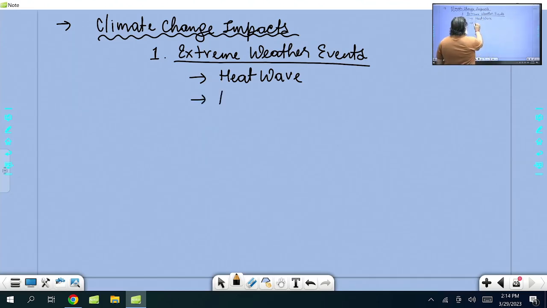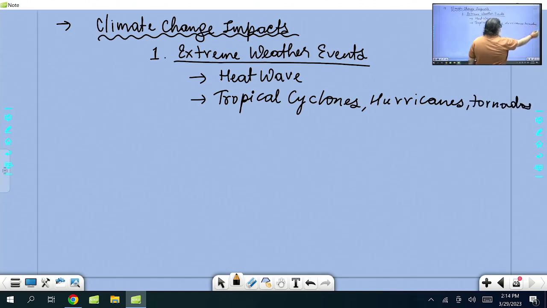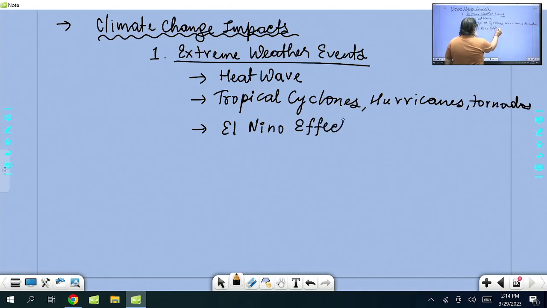Again you know that this one, tropical cyclone, right, hurricane, टोर्नाडोज, ये जो ऐसे जो इवेंट है वो बढ़ता ही जा रहा है. Again that linked with temperature factor. Then again you know that El Nino, you have read in geography, El Nino effect getting intensified.